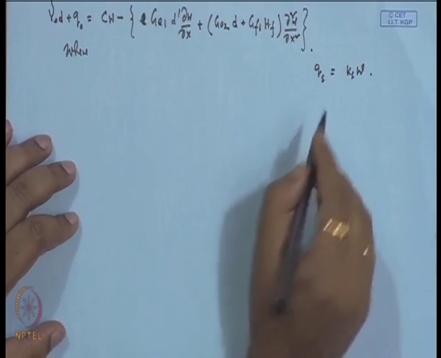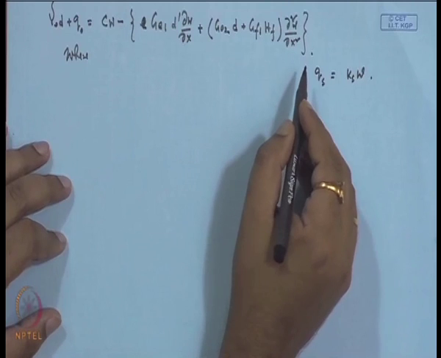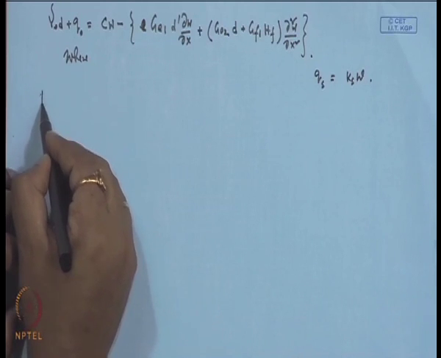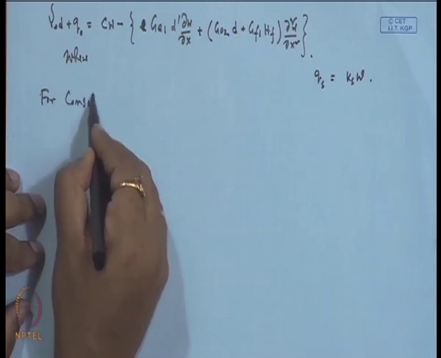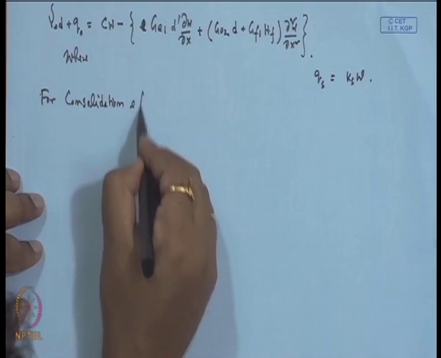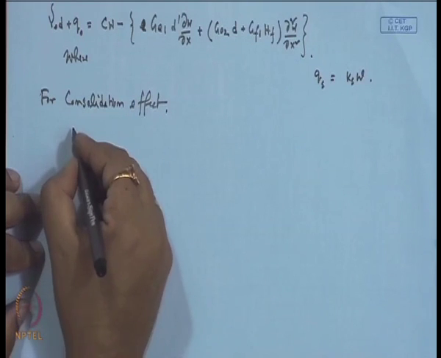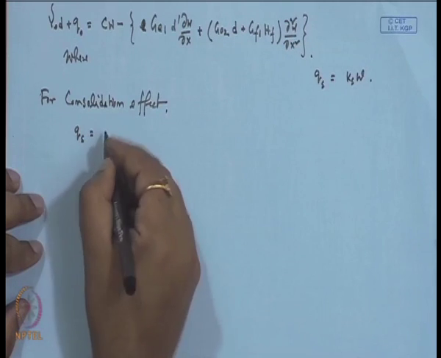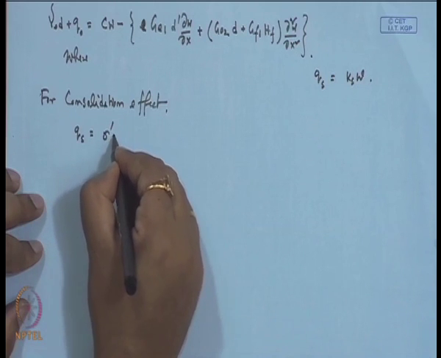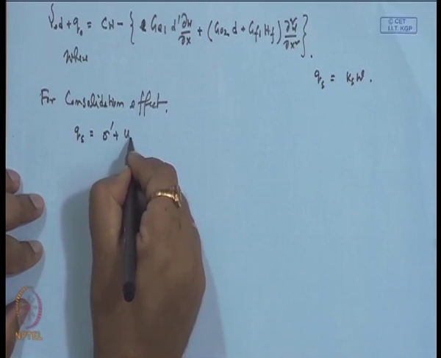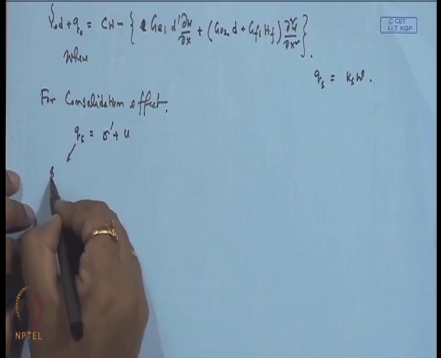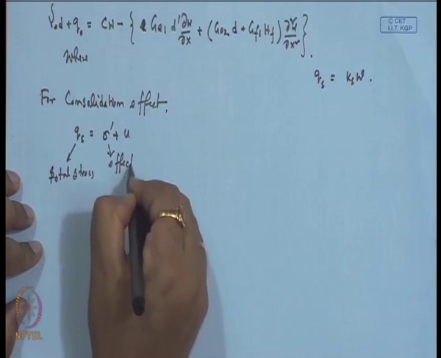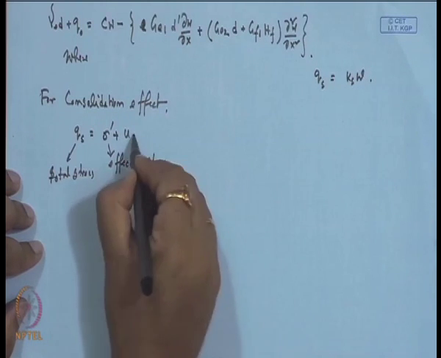Now, if it is a non-linear spring and if you want to incorporate the consolidation effect, then for the consolidation effect we can write that q s will be equal to effective stress and the pore water pressure. q s is the total stress, that is equal to effective stress and pore water pressure.